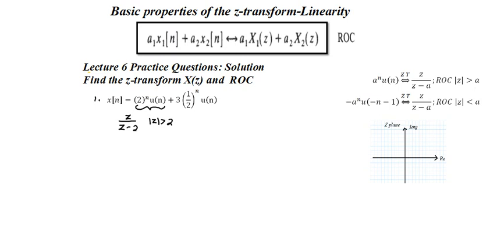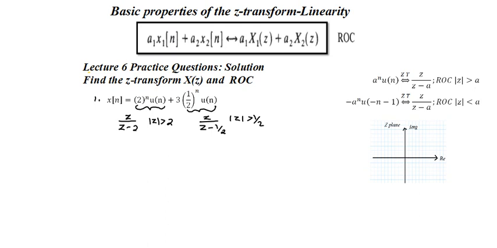Another part is again a causal signal, so I can write the z transform of this portion as z by z minus 1 by 2, and the ROC is modulus of z greater than 1 by 2. We got the z transform and ROC of the individual parts.